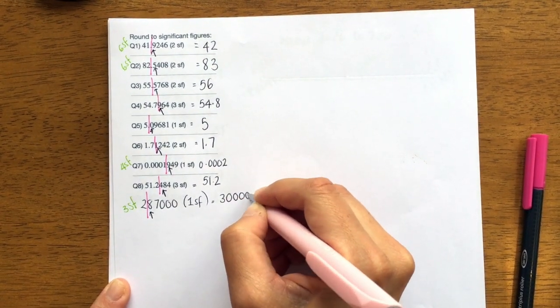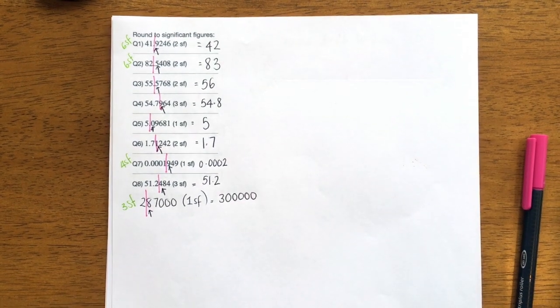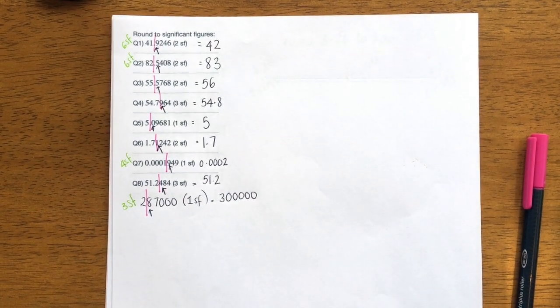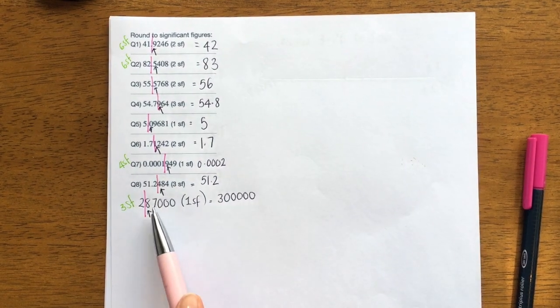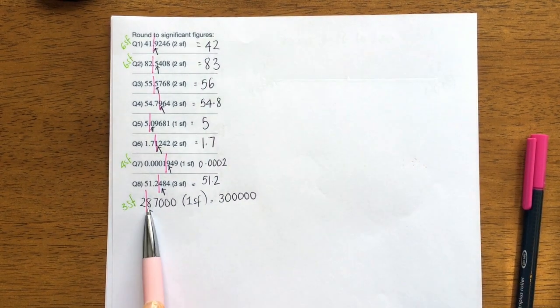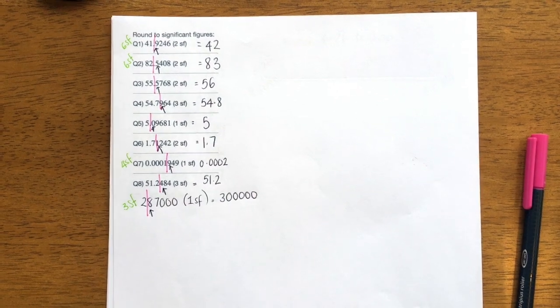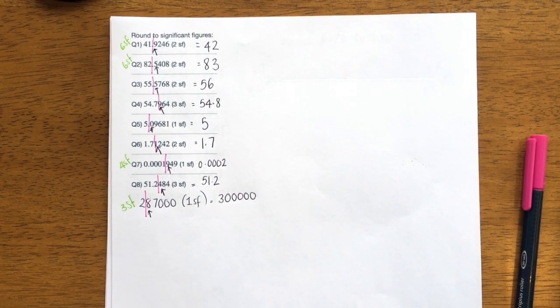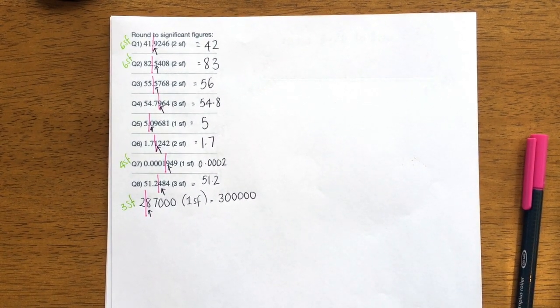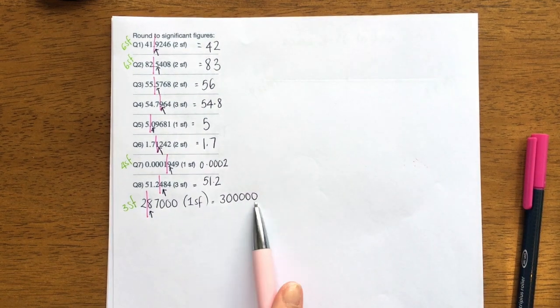So actually my answer is going to be 300,000, which makes more sense than 3. So just be careful when you've got zeros at the beginning and when your cutoff line is in the tens or the hundreds. Make sure you replace those with zeros. We don't need to replace zeros after the decimal point at all because they don't have any effect on the number, but these ones do.